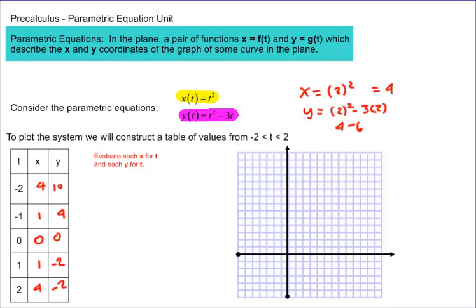1, 2, 3, 4, 5, 6, 7, 8, 9, 10. And then 1, 4. And then 0, 0. And then 1, negative 2. And then 4, negative 2.